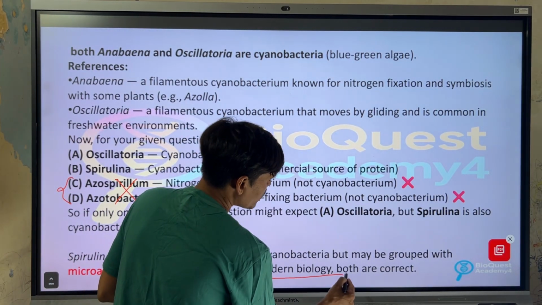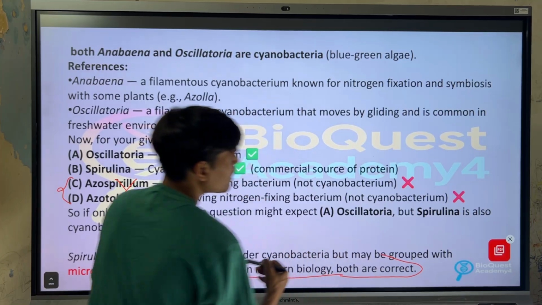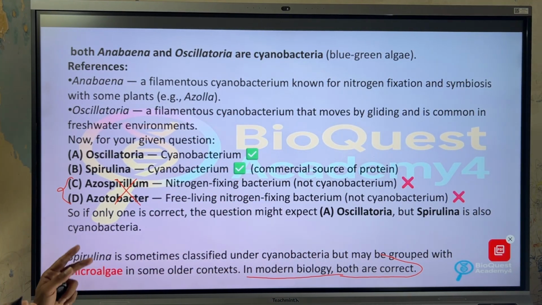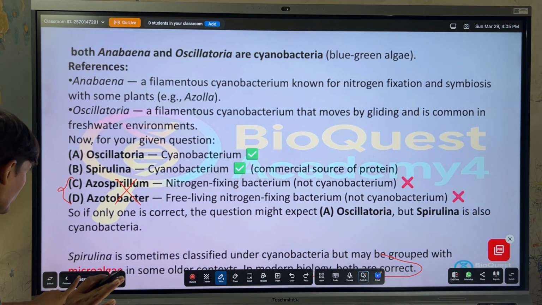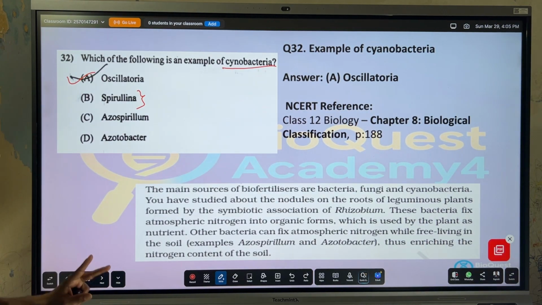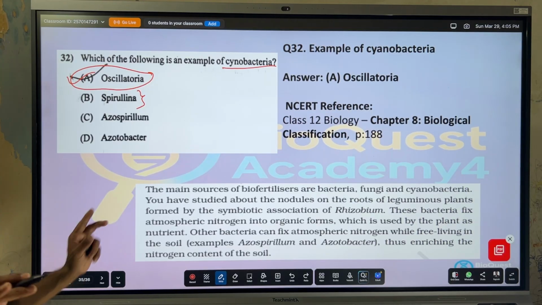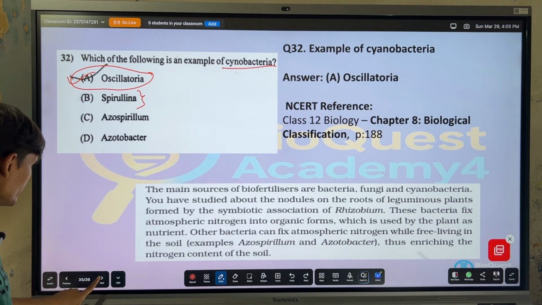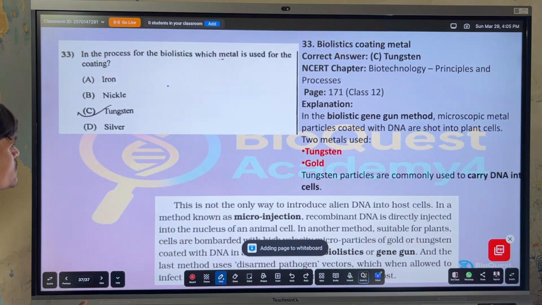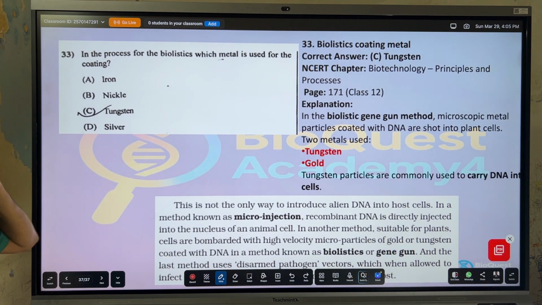In modern biology, both are correct. But I think the board will give correct to oscillatoria only. So the answer for you is oscillatoria. Leave it now.